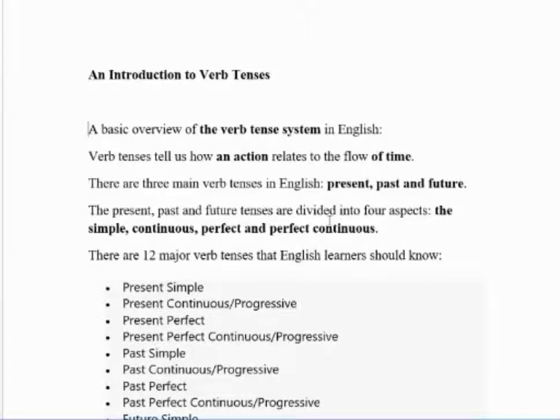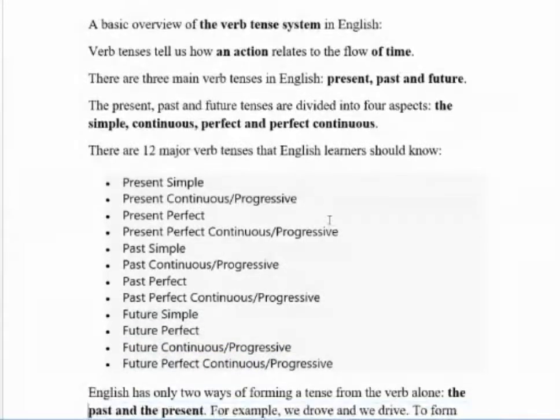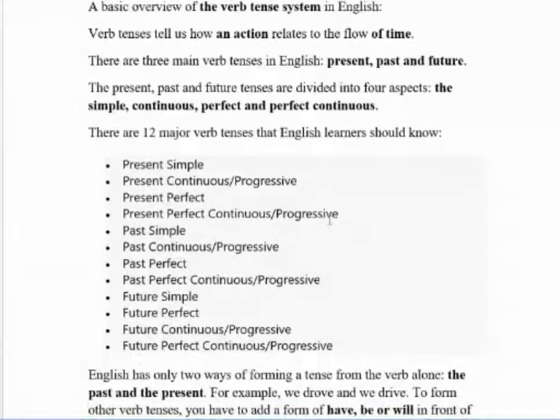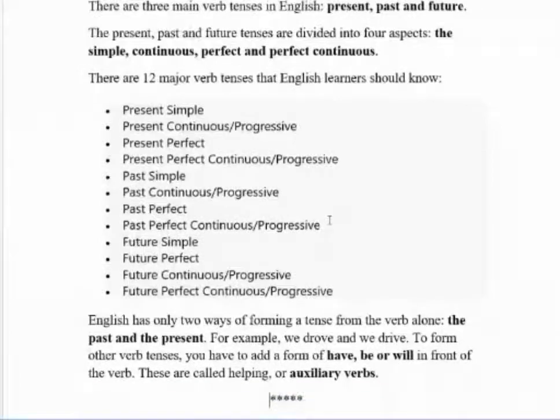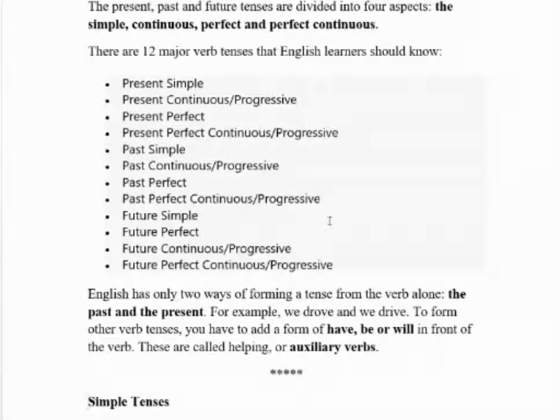So, present simple, present continuous, also known as progressive, present perfect, present perfect continuous, progressive, past simple, past continuous, progressive, past perfect, past perfect continuous, progressive, future simple, future continuous, progressive, future perfect. You either use progressive or continuous, it's up to you. Future perfect continuous or progressive.